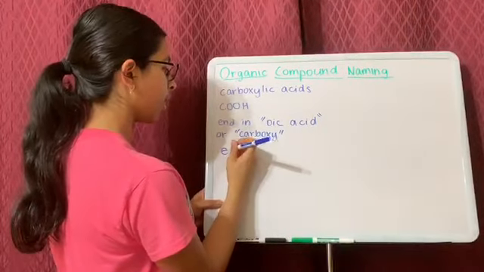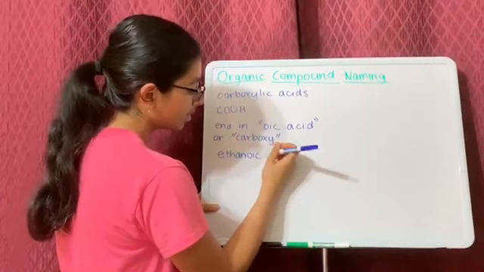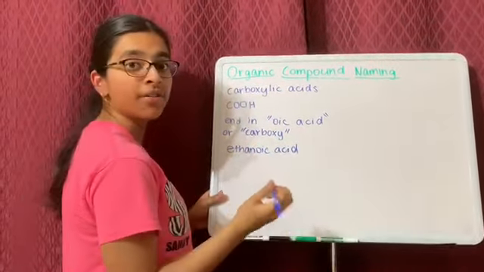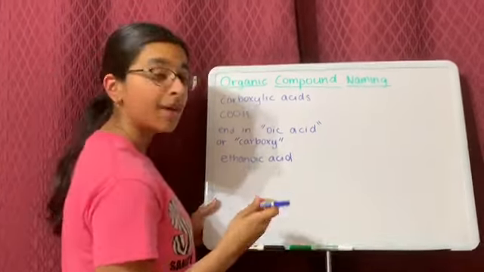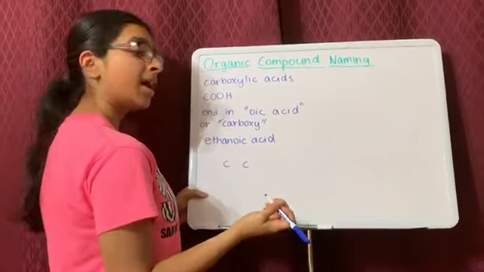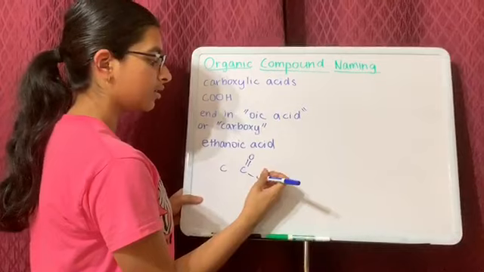So how would we actually draw a carboxylic acid? For example, a really common one is ethanoic acid or acetic acid. And so how we would draw this is we see ethane, so we automatically draw our 2 carbons. And we see oic acid, so that means we know that there's going to be a carbon double bonded to an oxygen, single bonded to an OH.